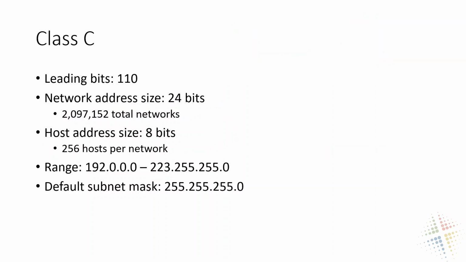And then we have Class C networks. Again, leading bits 110. So if we look at 11000000, which is 192, all the way through 11011111, which is 223. Then those are our ranges.